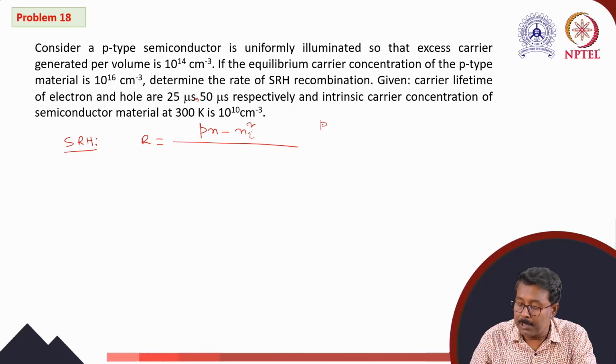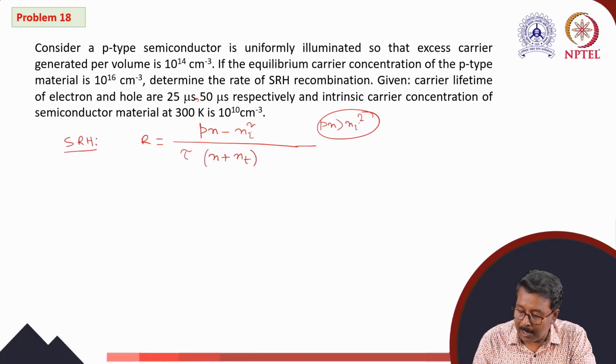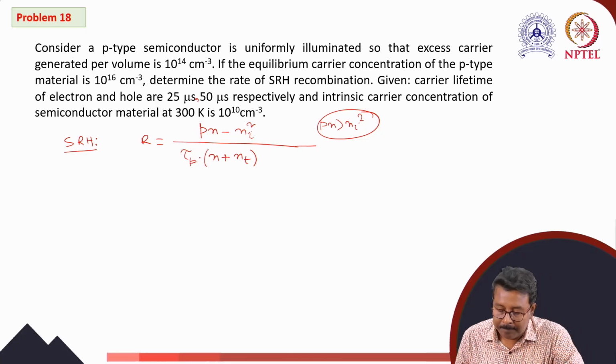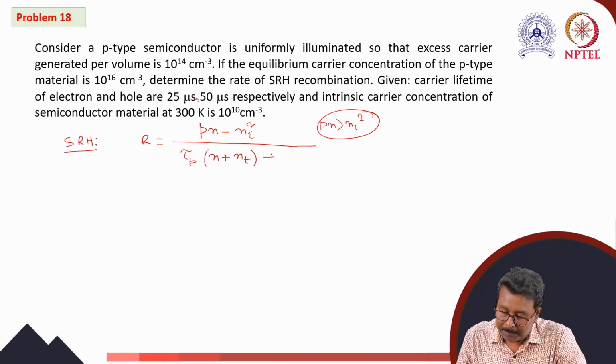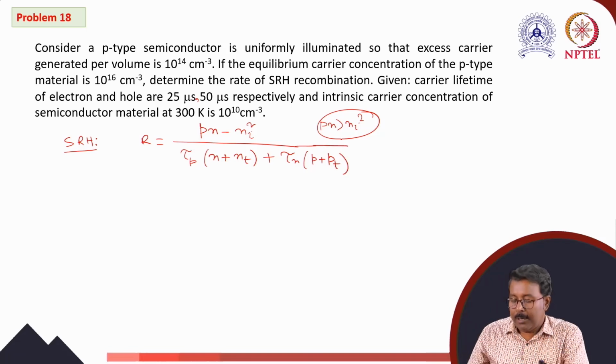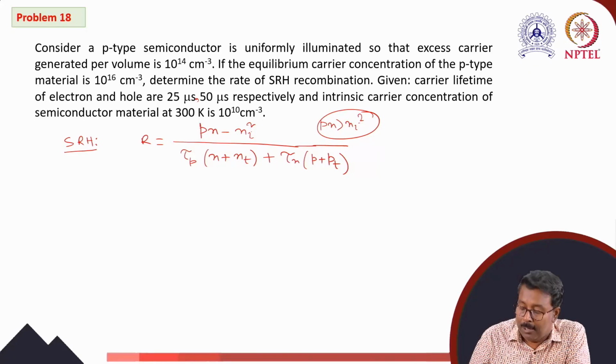So pn must be greater than ni square, divided by tau p times (n plus nt) plus tau n times (p plus pt). But this is the actual formula.